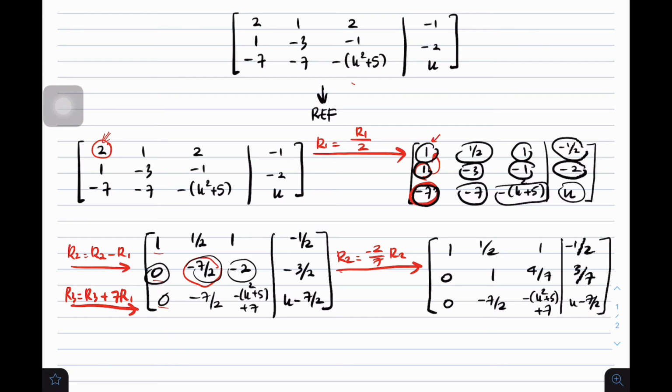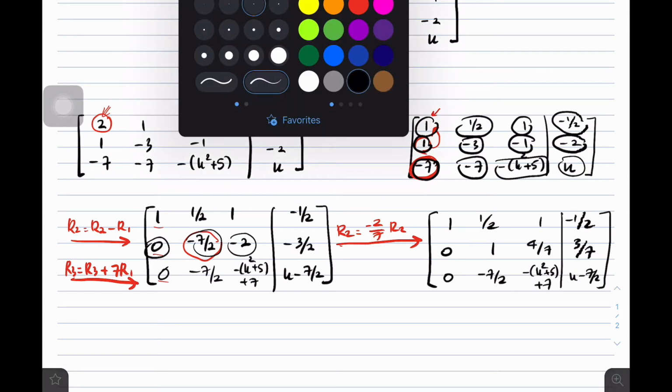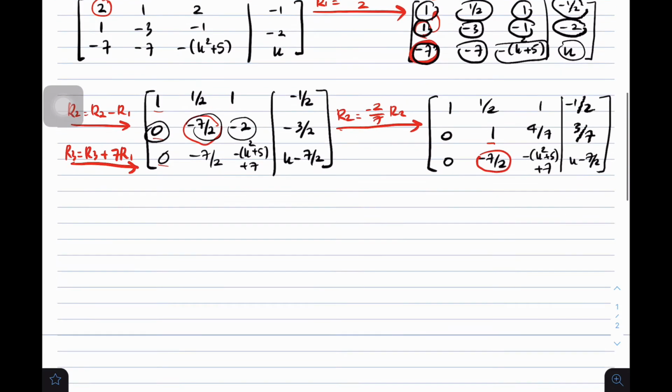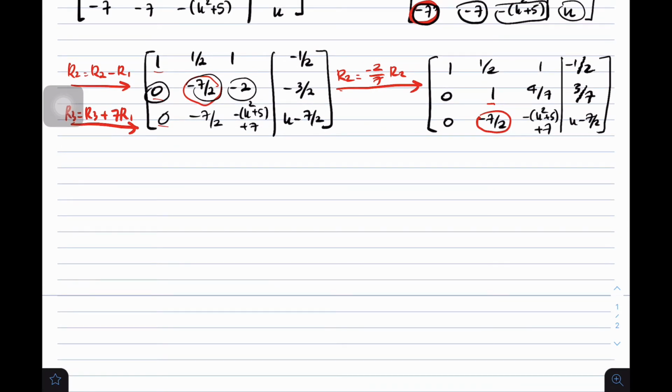Okay, so now we already have leading 1 for row number 2 here. So we need to make sure below the leading 1 is equal to 0. So we need to change row number 3 now. So how to do so that row number 3 will become 0? You just need to add to row number 3 the 7 over 2 of row number 2.